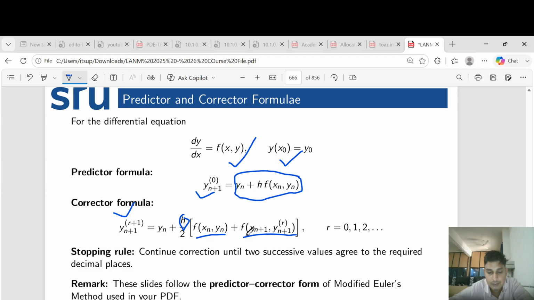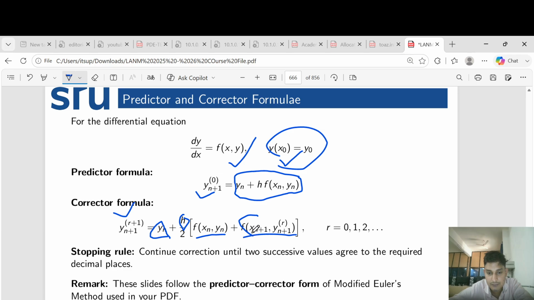Here we put n = 0, so y1 is nothing but this. y0 is given, h is given, x0 and y0 are given.